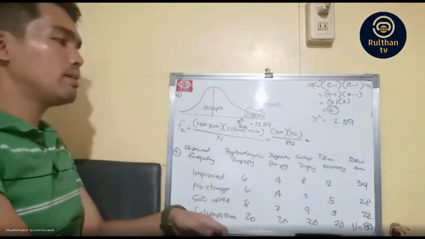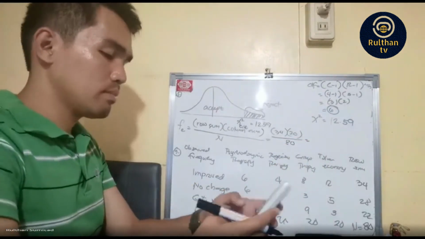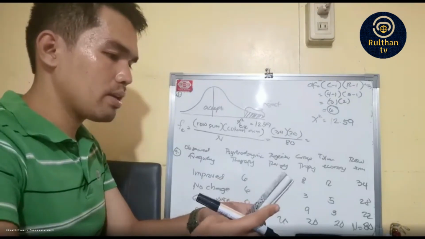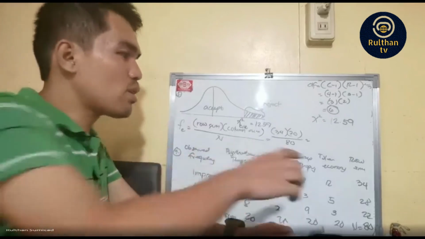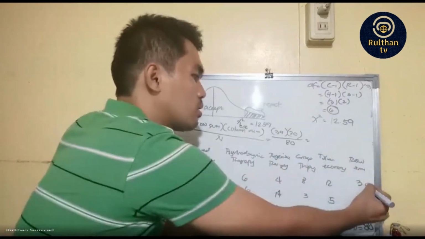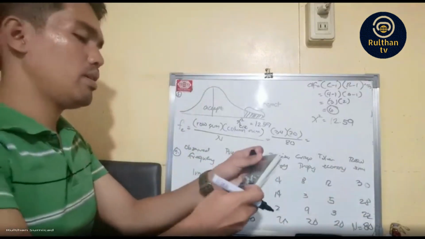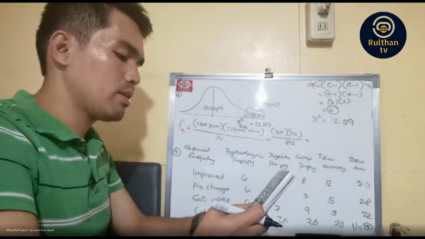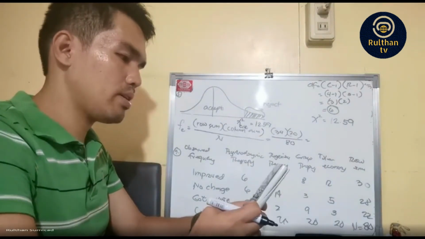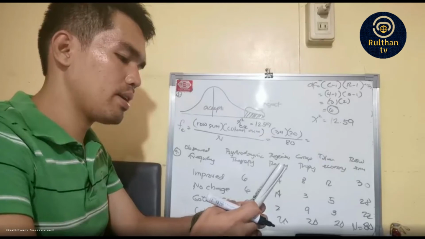Compute that one. That is 34 times 20 divided by 80. This is only 30, right? Yeah, 30, that's why. That is 30 times 20 divided by 80.